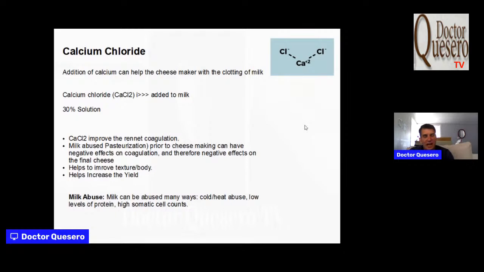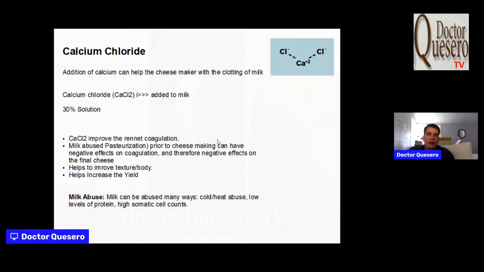No, this is not spores of yeast floating in the milk. High somatic cell count is a test that we do in cheese making, and it reflects the quality of the milk.